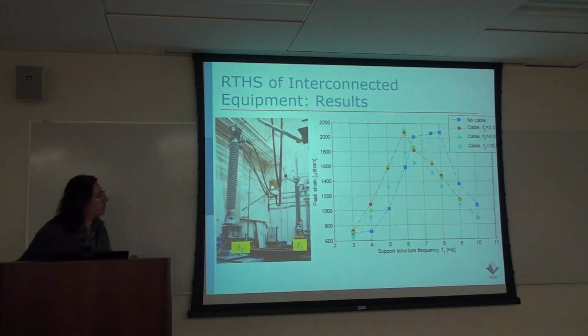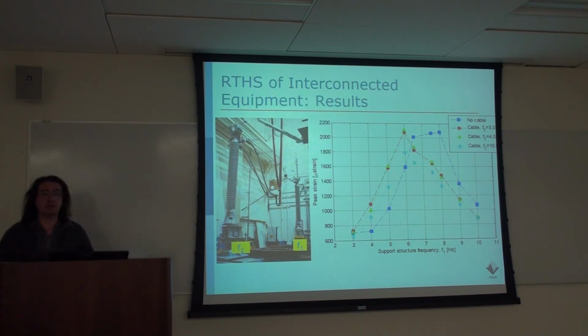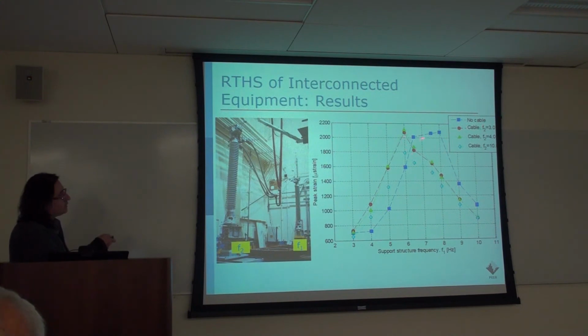We had many parameters that we investigated, but this is just a sample that shows the maximum strains that we obtained for each support structure frequency here. And these different sets correspond to different frequencies of this support structure.